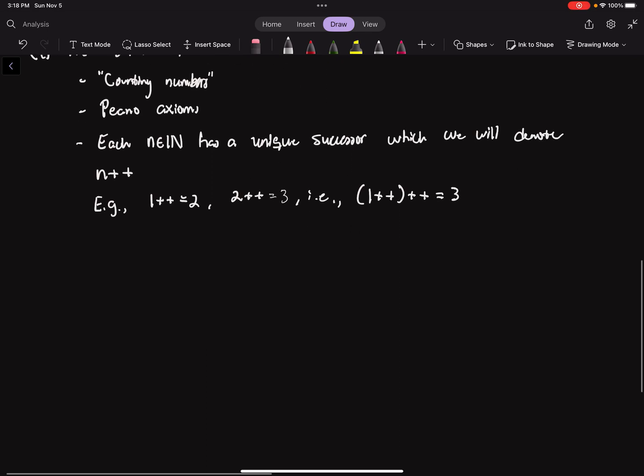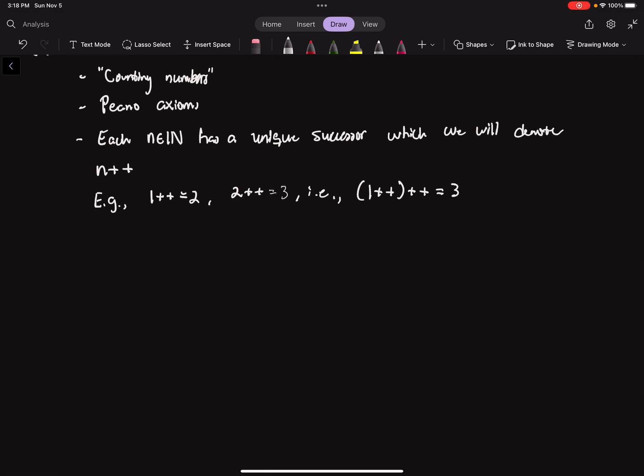This isn't anything too revolutionary. One important thing to note, though, is that we can actually define addition in terms of this succession. Given natural numbers n and m, n plus m is: we take n and find its successor, and then we find that number's successor.